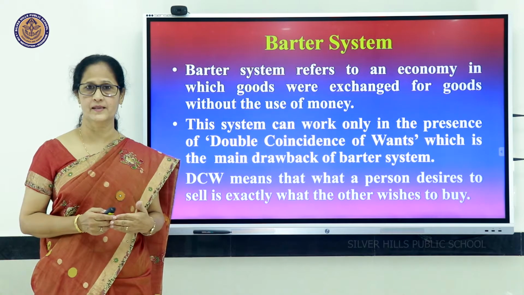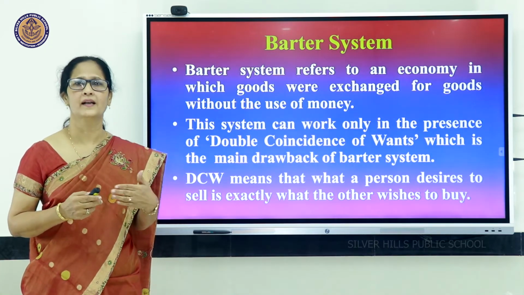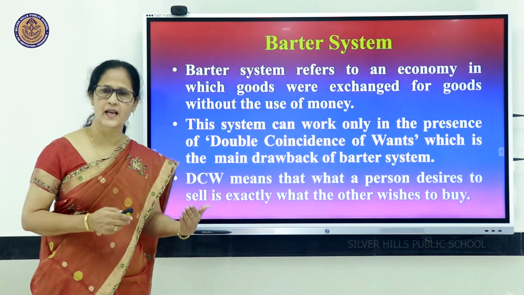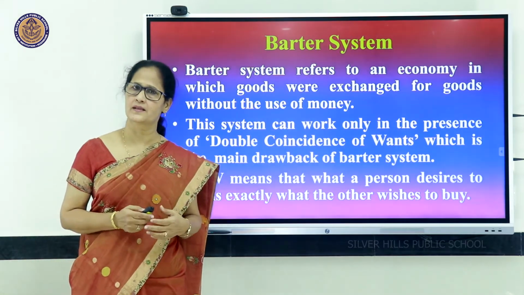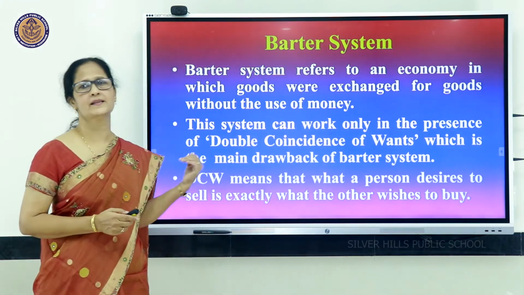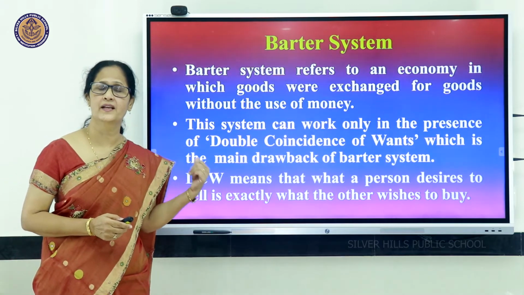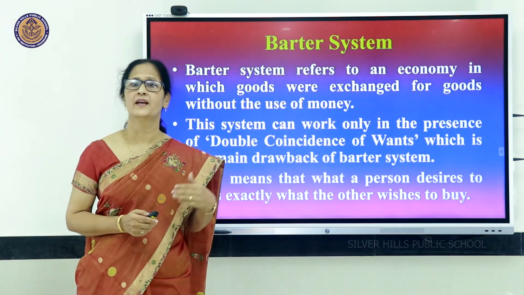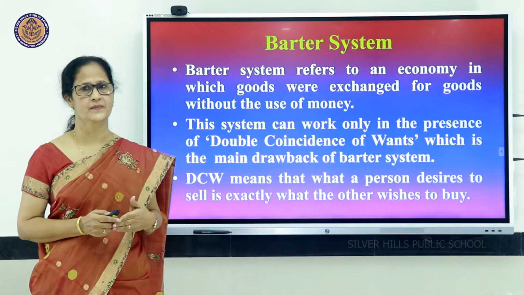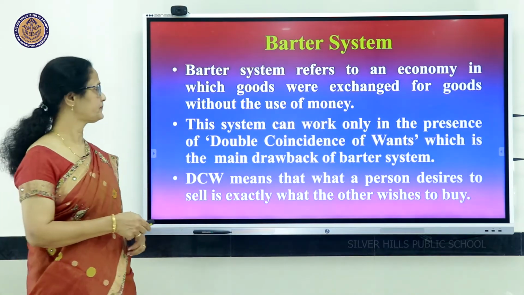Or in other words, two people should meet who are ready to sell or buy each other's goods. Only in this condition can the barter system function. So it is an essential feature of the barter system, the double coincidence of wants, and it is also a drawback of the barter system.